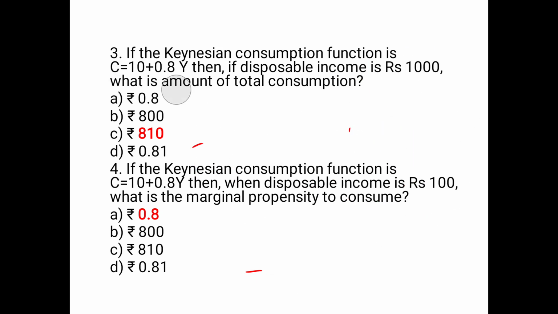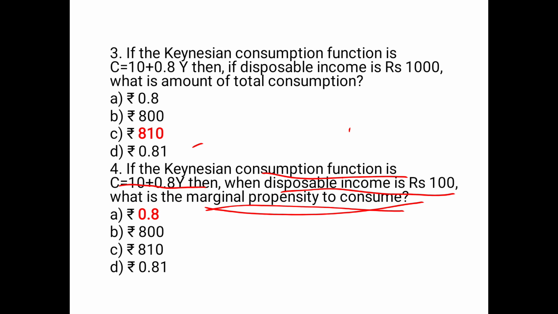Then the next one is, they have given the consumption function C is equal to 10 plus 0.8y, then disposable income is 100. They have asked you to find out marginal propensity to consume.